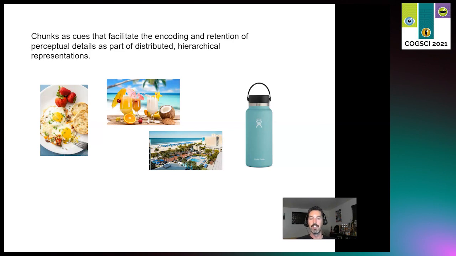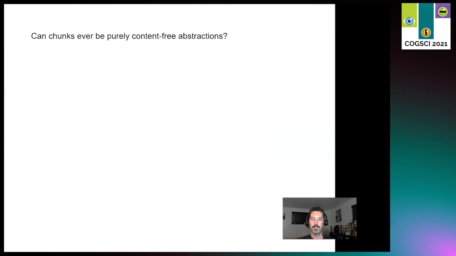More work is needed to determine to what extent perception and visual working memory operate similarly in this regard, and to better understand the nature of these representations, especially as they are over continuous visual information, which is quite unlike the discrete verbal information that chunking has mostly been studied with.